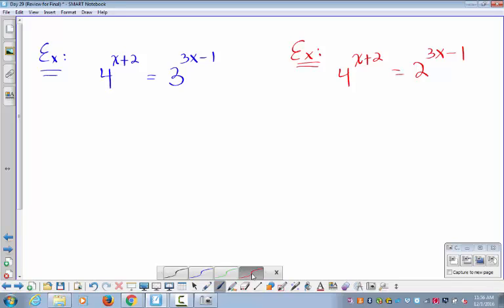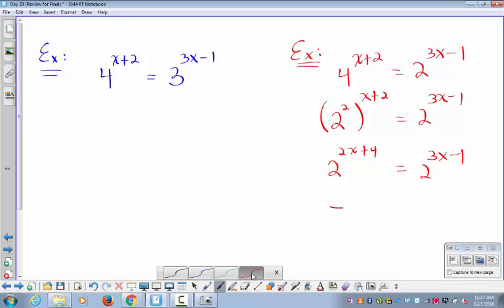The one on the right is way easier. We would rewrite the 4 as 2 to the 2. And then what do we do with power to power? Multiply. When you have a power to a power, you multiply exponents. And so here we would have 2x plus 4. And then we just equate the exponents. So that's the simplest type of exponential equation.